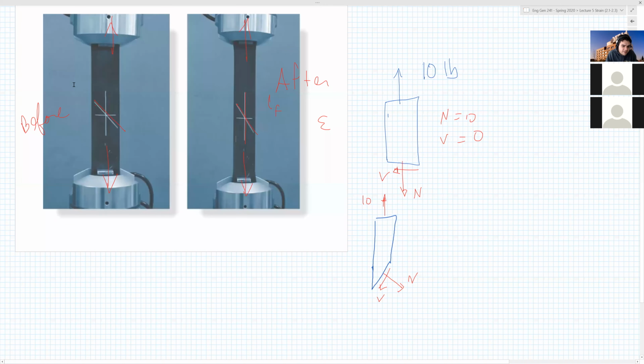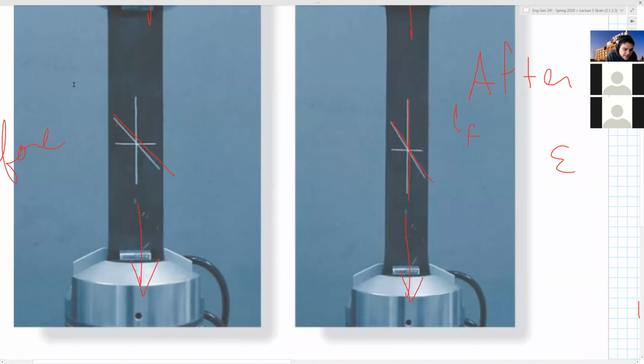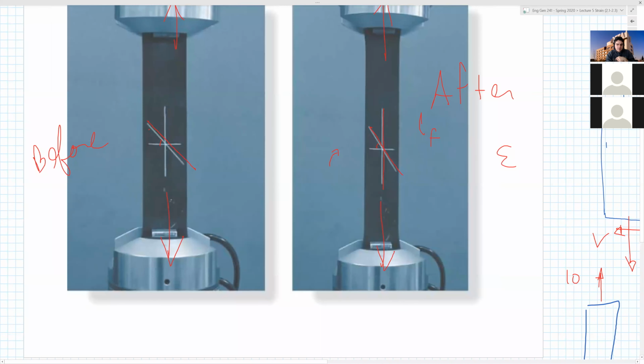It's kind of hard to see, but shouldn't these angles change? It kind of rotated a little bit that way. Can you guys see that a little bit? It's hard to see, right? So that line will actually rotate as the material is being stretched, which leads to my point.